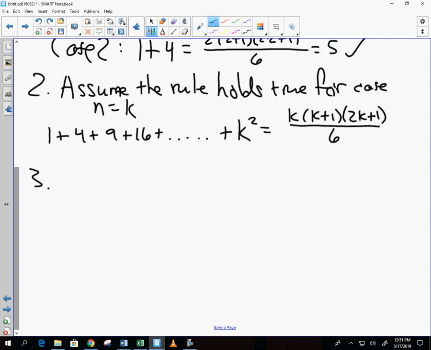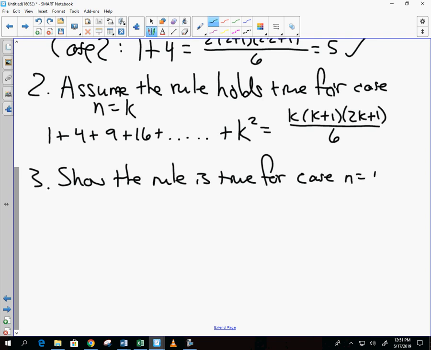Third step. And this is where it starts to fall apart for people when you write this out.